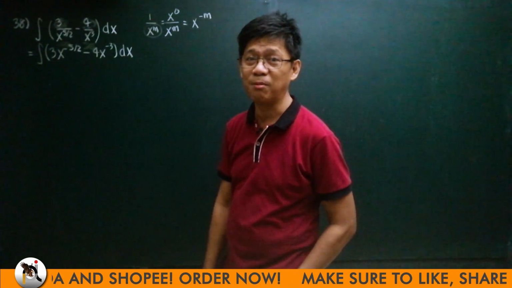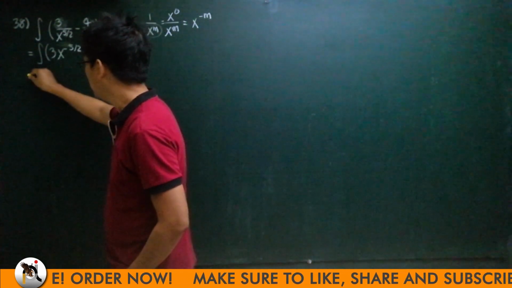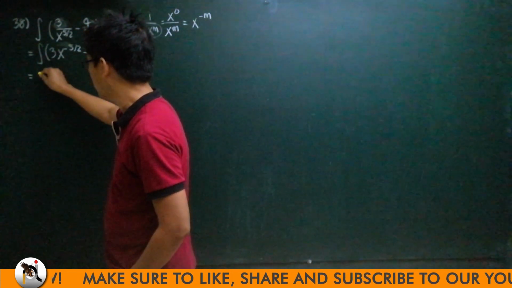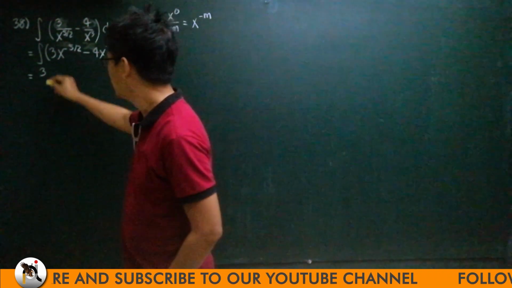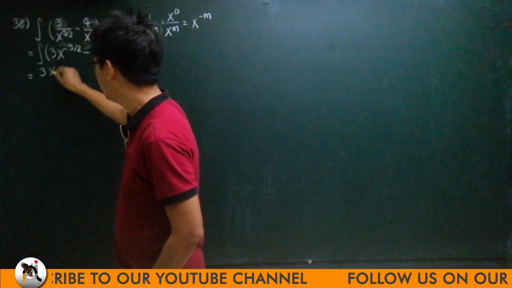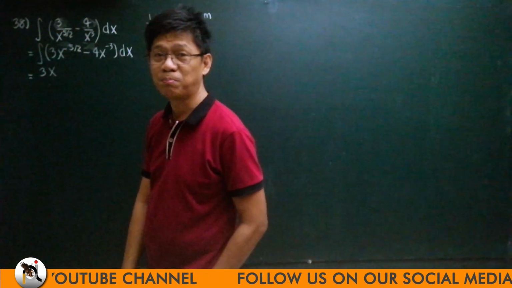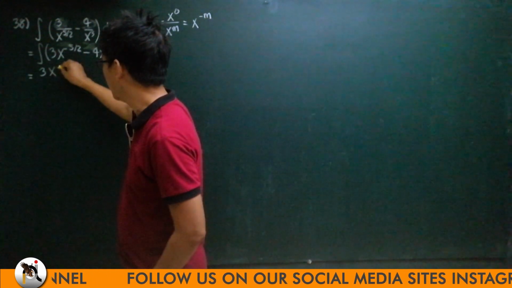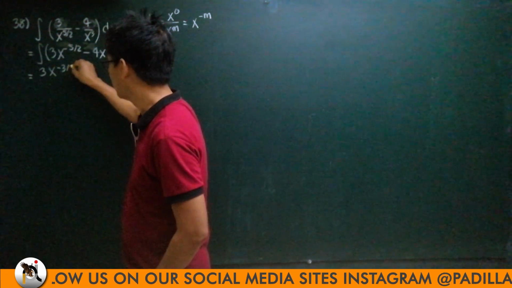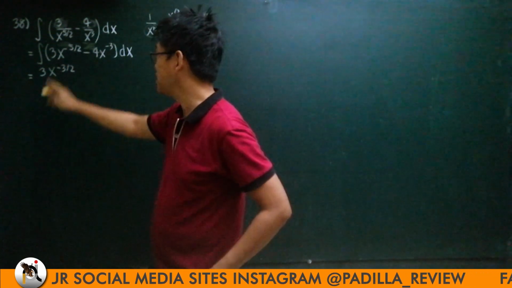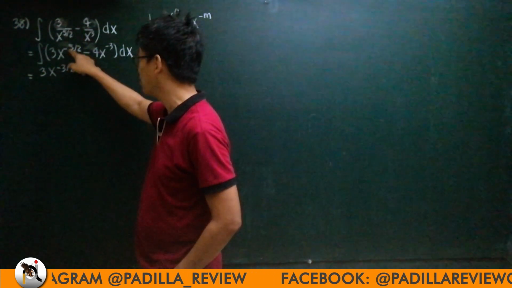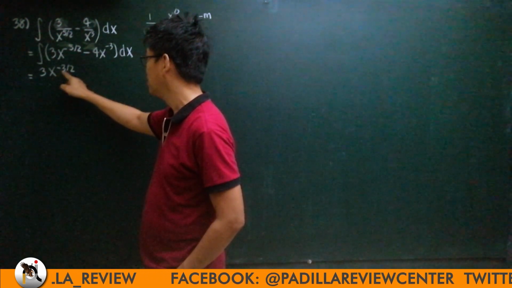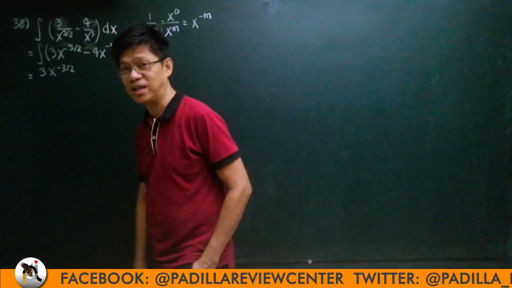So these are now independent powers of x, so we just apply the power formula. So we integrate this now. This is 3 integral of x to the minus 5/2. This is going to be x to the minus 5/2 plus 1, that is minus 3/2. Okay? This time, if it is negative and you add 1, you subtract the denominator from the numerator: 5 minus 2, 3/2, but it will be negative.